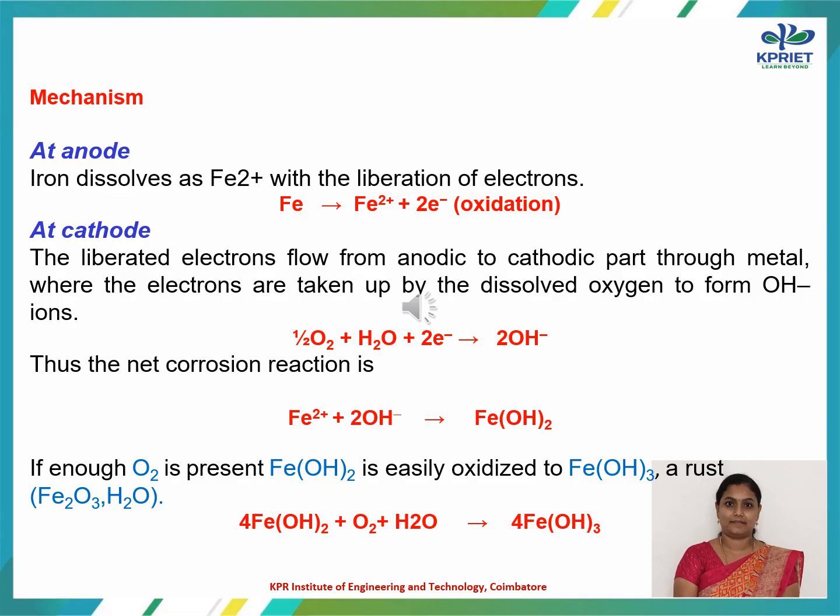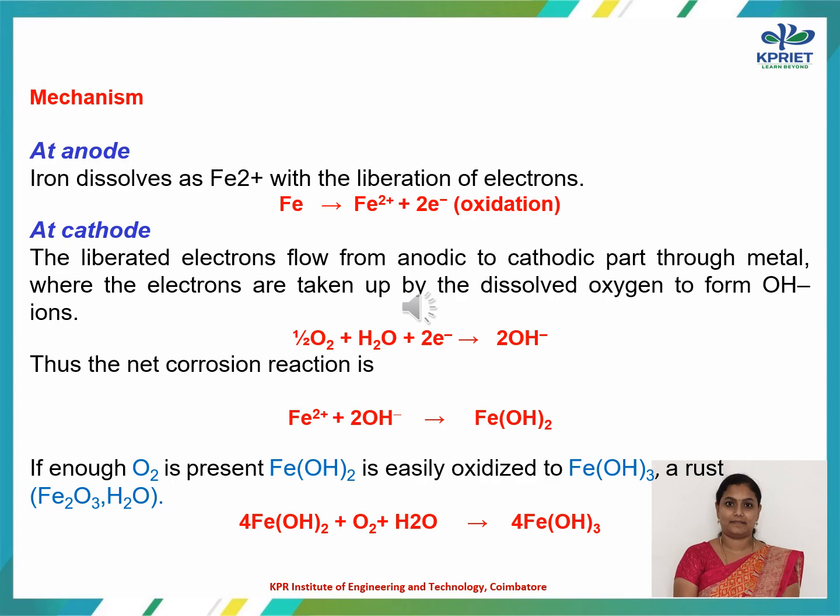The various reactions that occur under corrosion in a neutral environment are: at anode, the metal loses its electrons and gets oxidized to its positively charged ions. For example, iron releases two of its electrons to form ferrous ion, whereas at the cathode, the released two electrons will be absorbed by the oxygen in the atmosphere in presence of moisture to form hydroxyl ions.